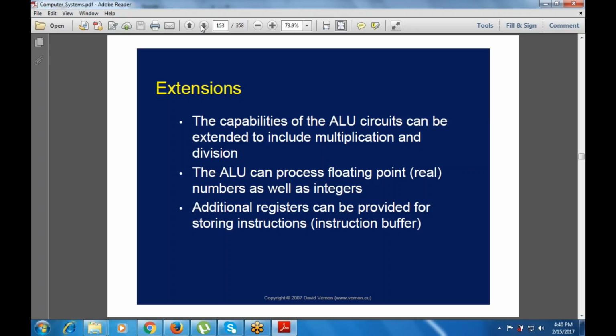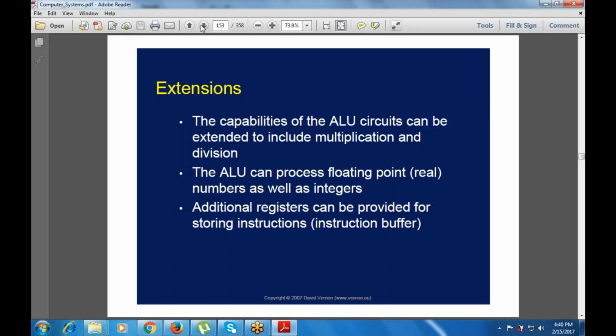It's not mandatory that it only deals with integers, but it also deals with floating numbers. And additional registers can be provided for storing the instructions and for storing the data.